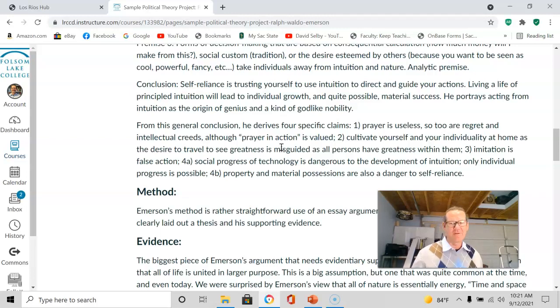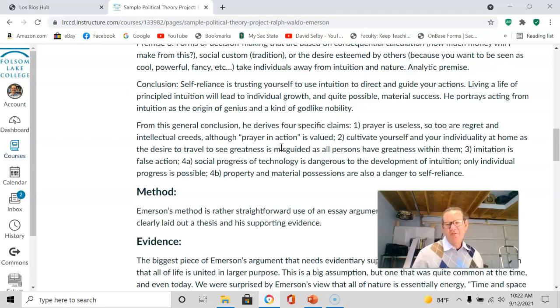Intellectual creeds, do this, don't do that, these systematic ways of constructing behavior, that doesn't work. What works is what he calls prayer in action, okay? Which is taking actions that uphold your intuition beliefs, right? So you actually have to take actions that matter. So, prayer in action.